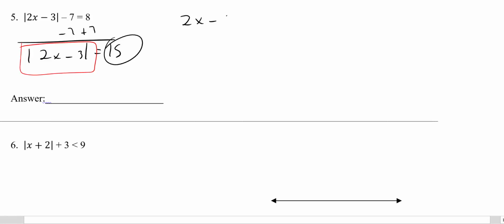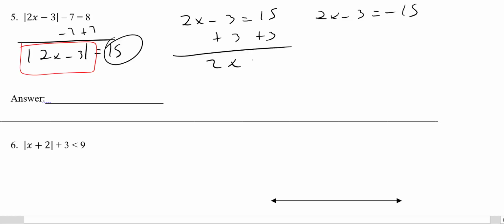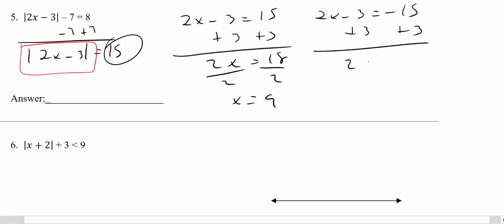So 2x minus 3 equals 15, and 2x minus 3 equals negative 15. So add 3, so 2x equals 18, divide by 2, x equals 9. And add 3, so 2x equals negative 12, divide by 2, x equals negative 6. So there you go. There's your two answers, 9 and negative 6.